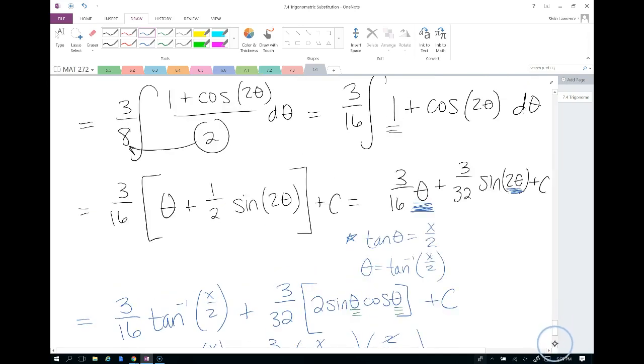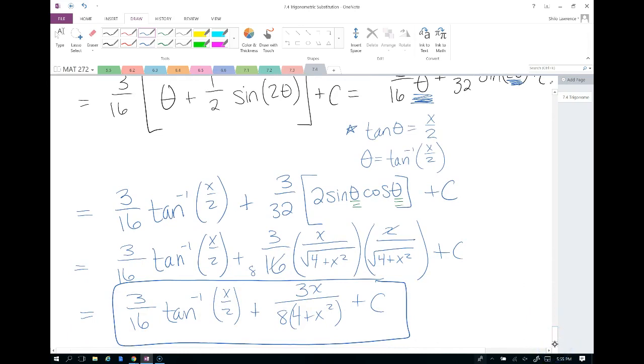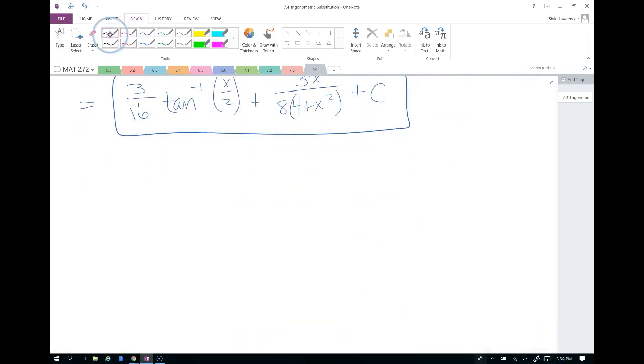Most of the problems work out pretty straightforward, where your antiderivative is just going to have a trig function, and you can look back at your triangle to figure out how to replace the trig function. But I wanted to make sure to show you these 2 special cases here, and that's when we have just a theta all by itself in our answer.